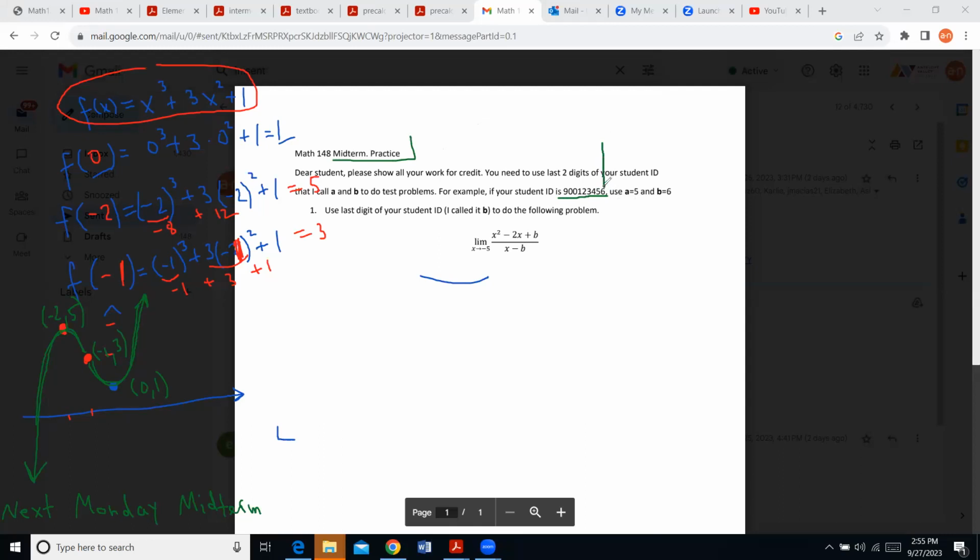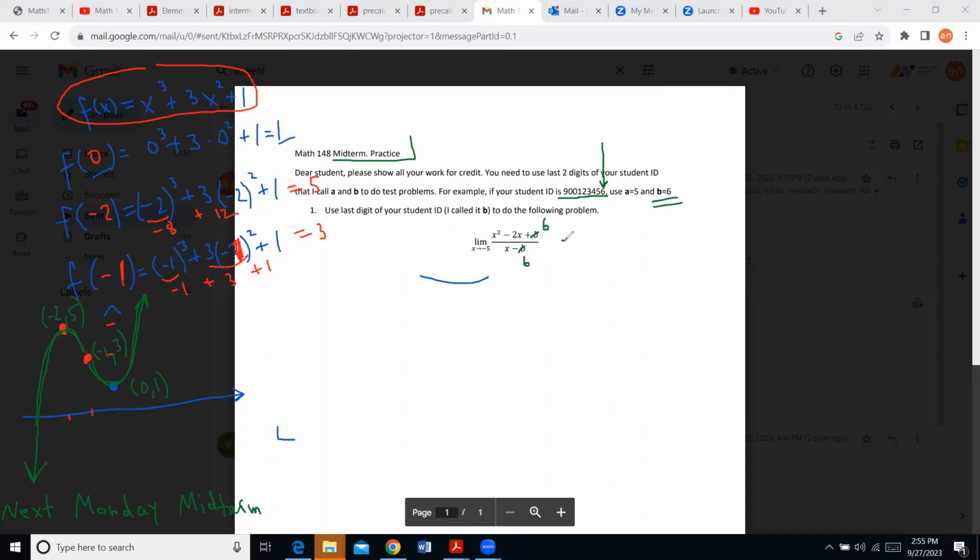So I made up an example of a student ID, and I just put numbers like 1, 2, 3, 4, 5, 6. So it happened to be 6 as the last digit. If your last digit is 6, what you need to do is replace letter B with a 6 here and here.